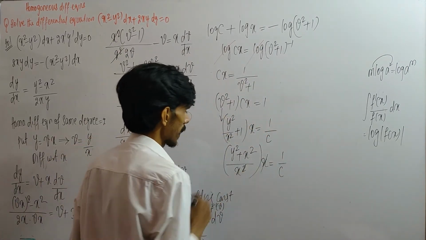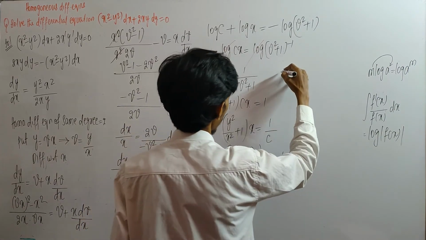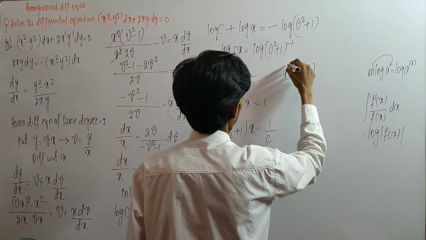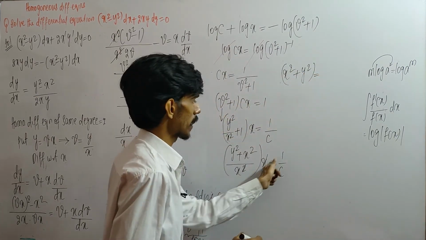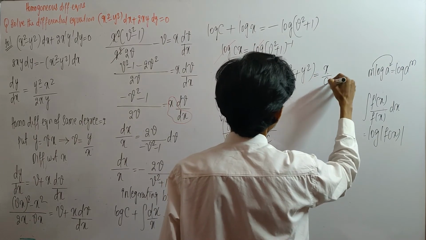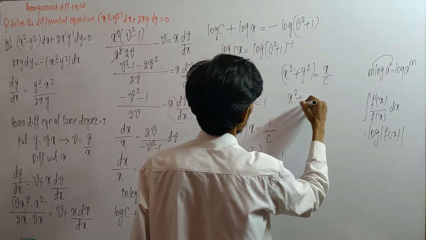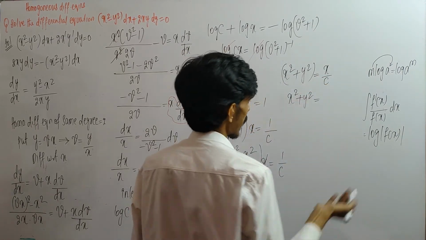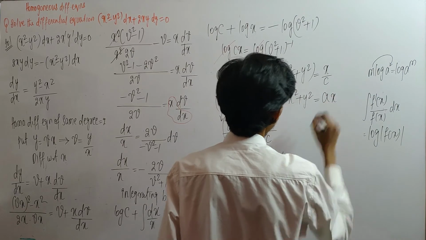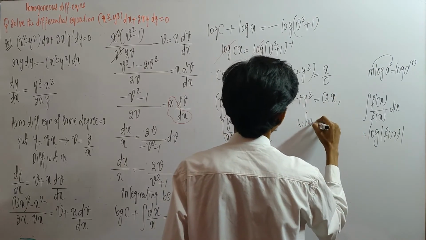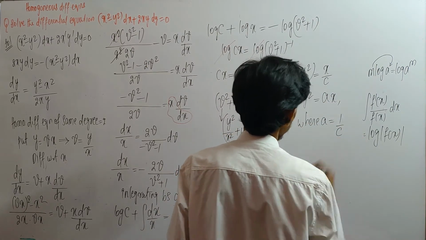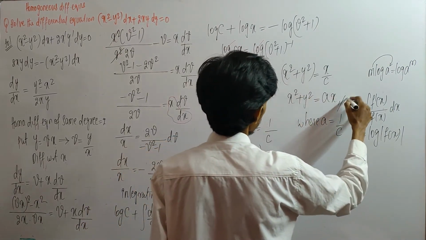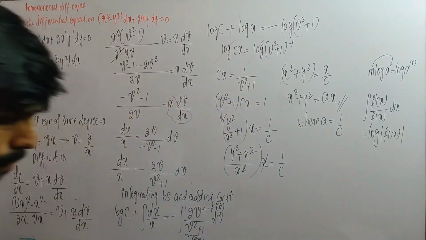Now this x and 1 x will get cancelled. Here I'll get x square plus y square is equal to x by c. So this can be written as x square plus y square is equal to a into x, where a value is 1 by c. C is a constant and a is also a constant. So this is the solution for this question.